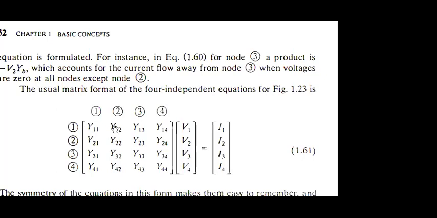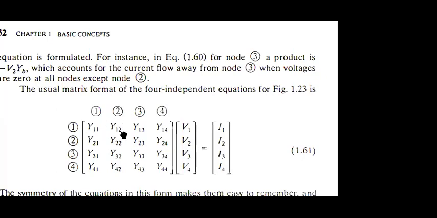This is the self admittance of node 1, Y11 means all the coefficients attached to V1. What about y12? Y12 will be the coefficient of V2 in equation 1, that will be minus YD, right?